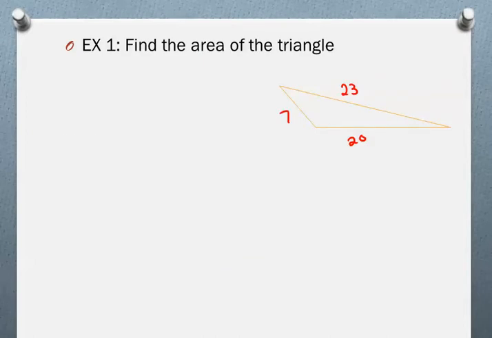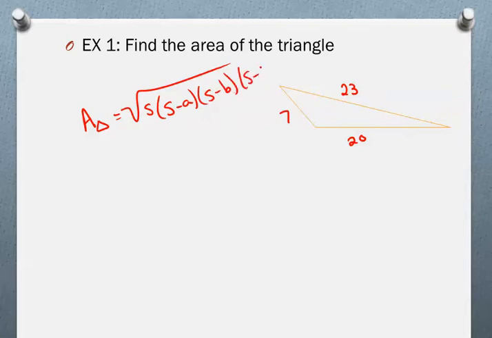In our first example of this section, we want to find the area of the triangle. So we'll need to use Hero's formula, and Hero's formula uses the square root of s times the quantity s minus a times s minus b times s minus c. So we want to calculate what s is, and that is the sum of the sides divided by 2.